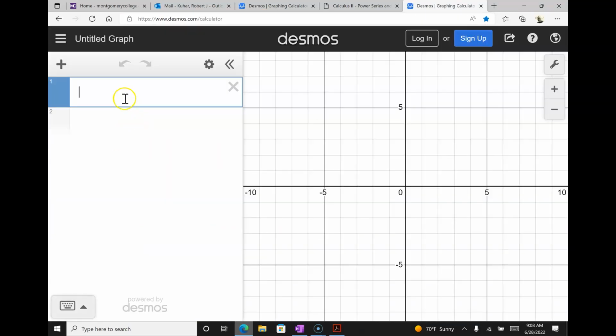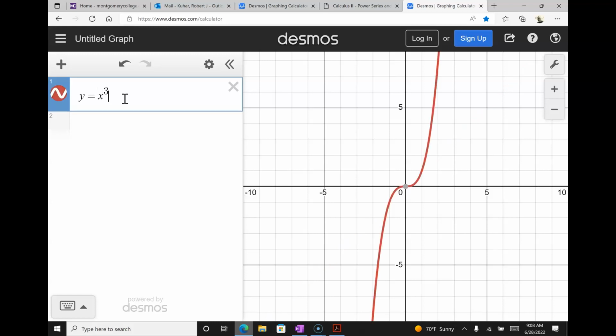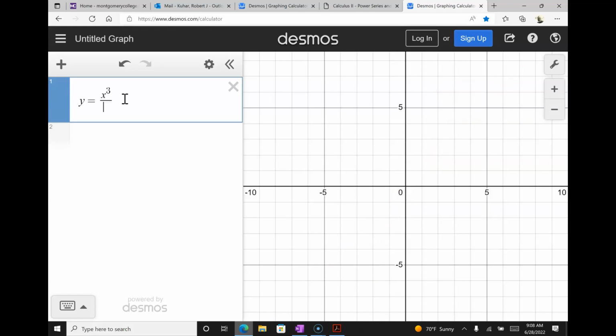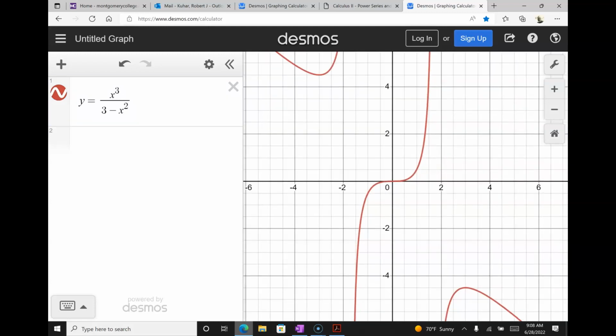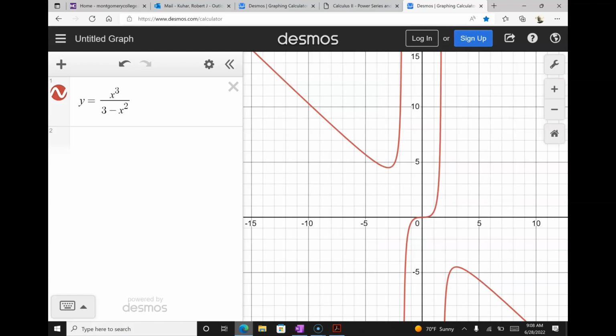Graphing my original function, y equals, I forget already, x cubed over 3 minus x squared. Nice, pretty funky.